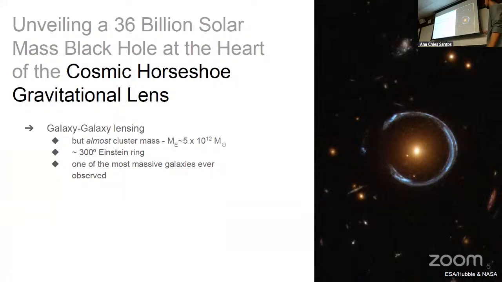The mass of the galaxy, this red spot right here, is almost the mass of a cluster, so something around 10 to the 12 solar masses. This is huge. And the foreground galaxy is lensing a star-forming galaxy at a much higher redshift in this almost full Einstein ring in blue, just right here. So it's a very well-known galaxy.